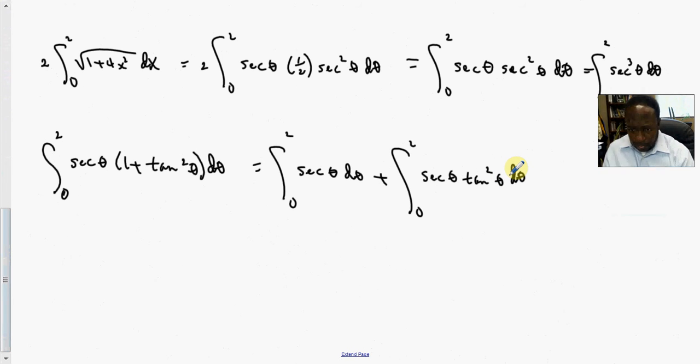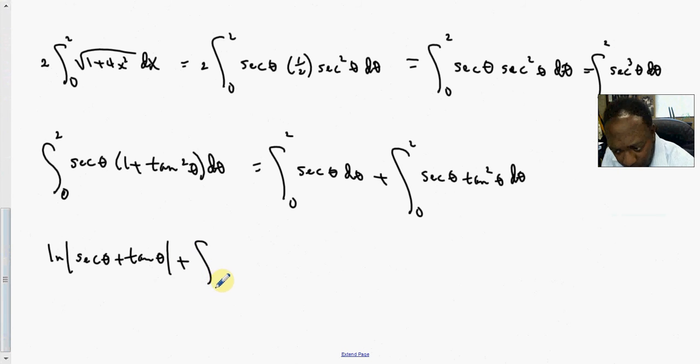Now the integral of secant theta is directly the natural log of the absolute value of secant theta plus tan theta, plus this integral from 0 to 2 of secant theta times tan squared theta d theta.